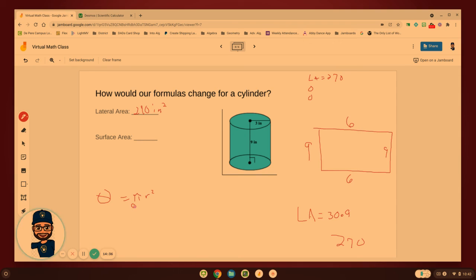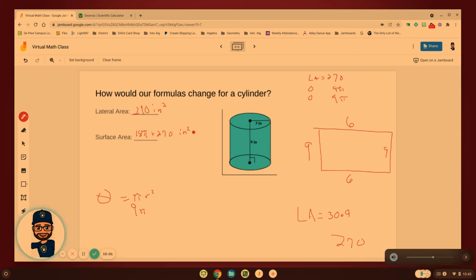So 9 pi for both of them. 9 pi for the first circle on top, 9 pi for the second circle on the bottom. So my surface area is 18 pi plus 270 square inches.